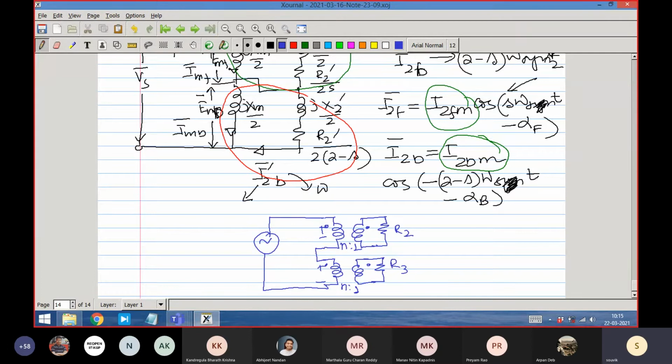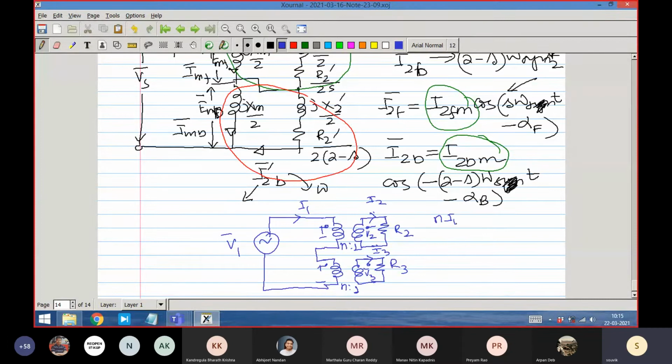In fact, if I want to do a little bit of analysis of this, let us say I call this current I2, I call this current I3, I call this current I1, I call this voltage V1, I call this voltage V2, I call this voltage V3. So what should I say?